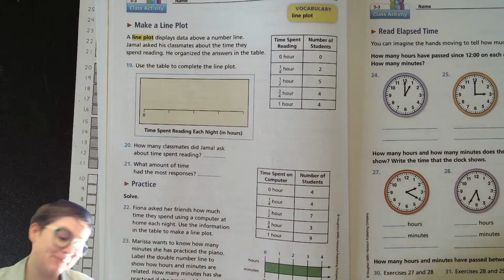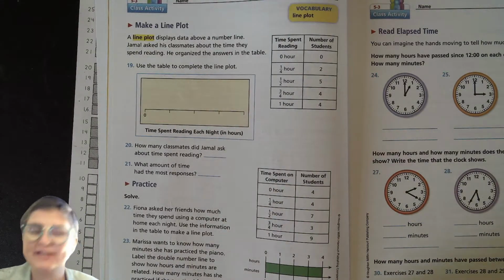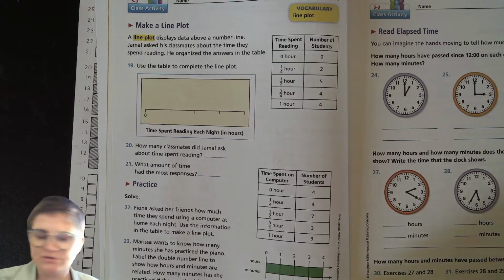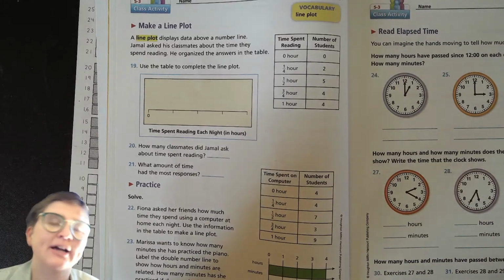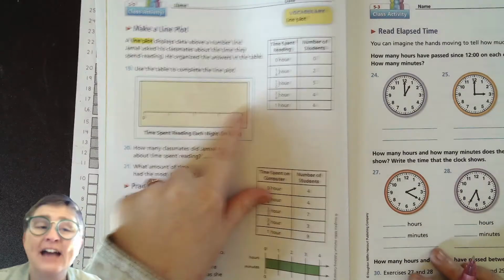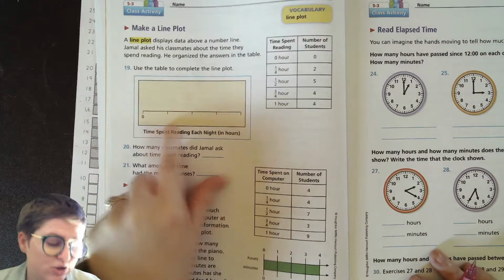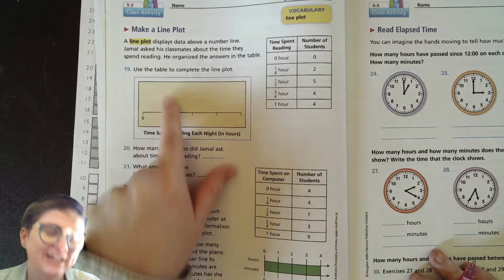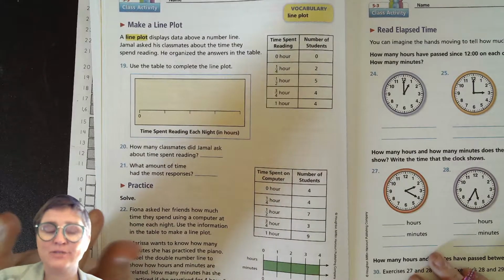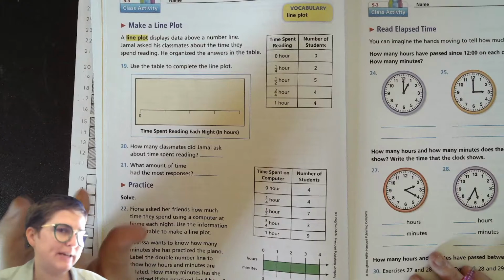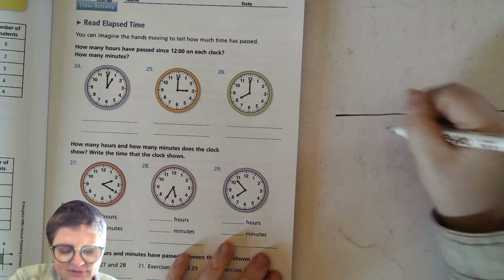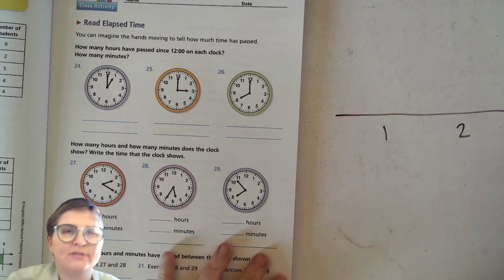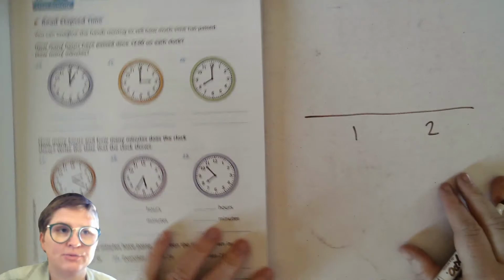So it's probably been a while, but a line plot is a kind of graph and it's used to show information. The important thing to remember about a line plot is all of the X's or O's that you're using to show the information need to be the same size as one another and also equally spaced. So if you were to have a line plot, here's your line and you have 1 or 2, and the question was, how many hot dogs do you want to have at the barbecue?